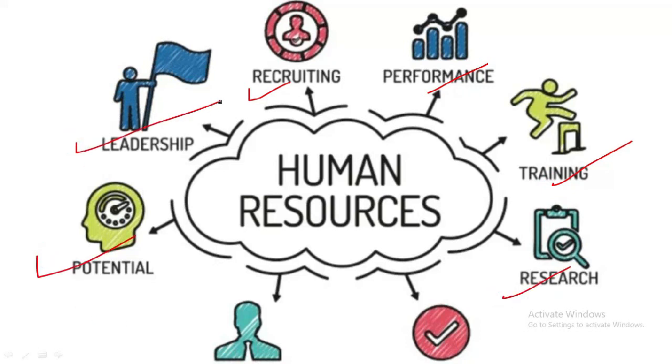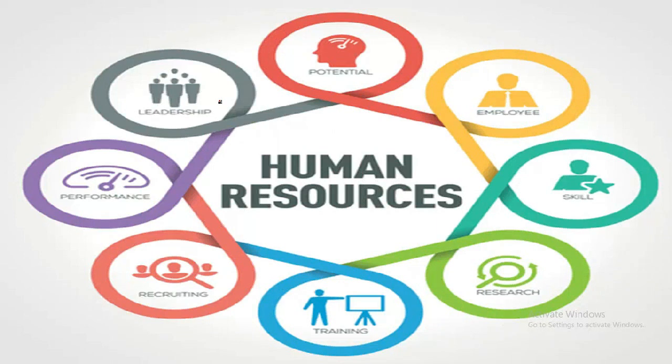All these are characteristics of human resources, and human resources do possess these characteristics, and while training different human beings, they also try to transmit all these characteristics into other human beings. Let us move ahead. Another pictogram for you to go through.